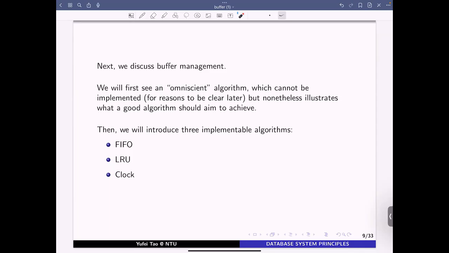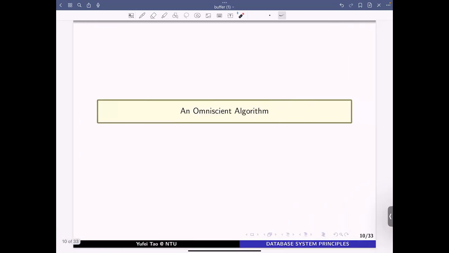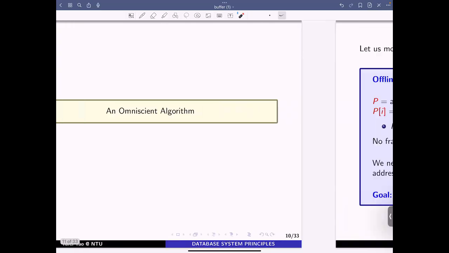These algorithms essentially try to simulate what the omniscient algorithm would be doing. This should give you a pretty good understanding about why things are designed the way they are. Great. Now let's start with this omniscient algorithm.